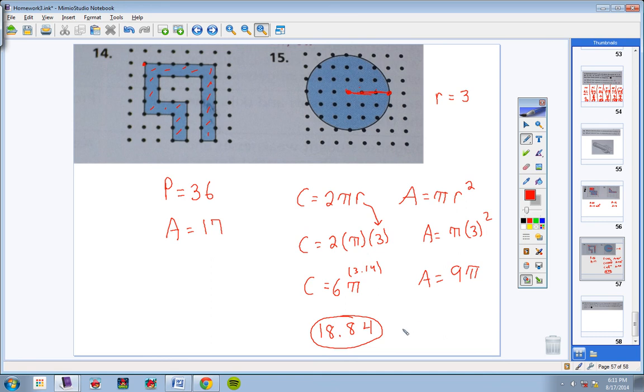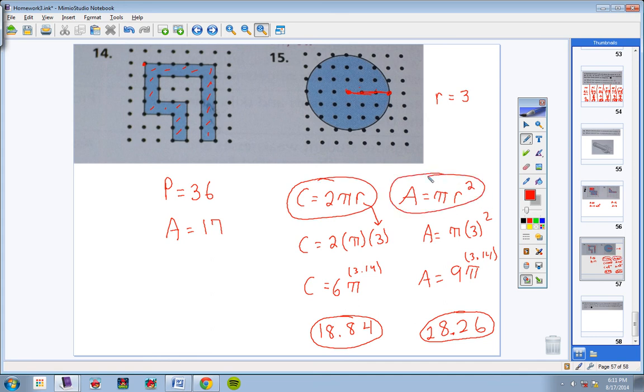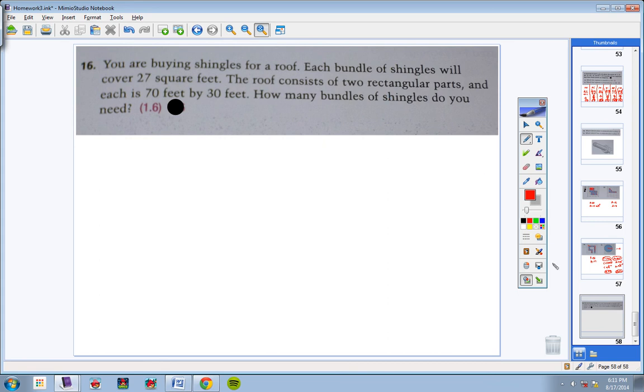But if I asked you to give me a decimal answer, then you would take 9 times 3.14, and your answer would be, let's see, 36, carry your 3, 2, carry your 1, 28.26 square units, okay? So be very familiar with these two formulas. This is a circumference formula, and this is an area formula. All right, let's move on to number 16.